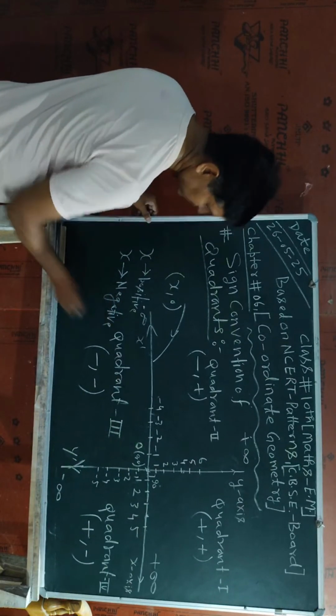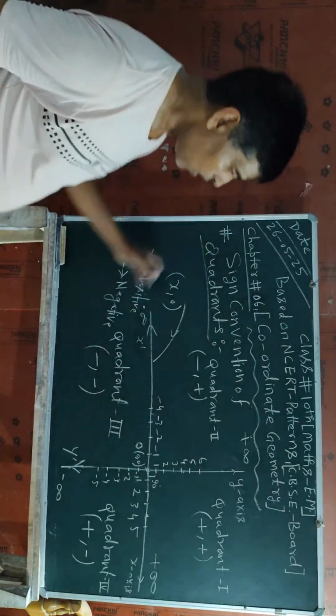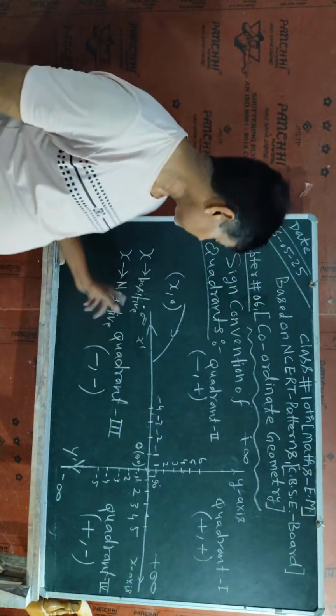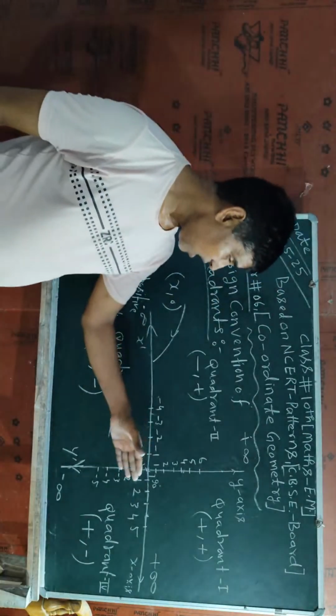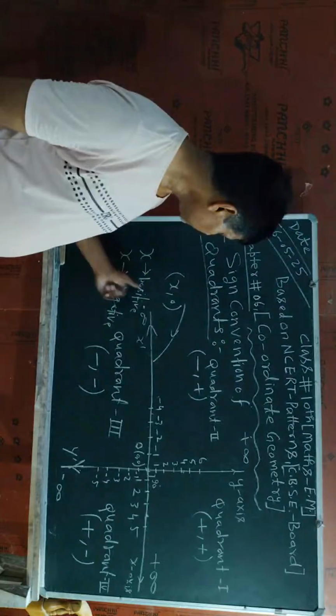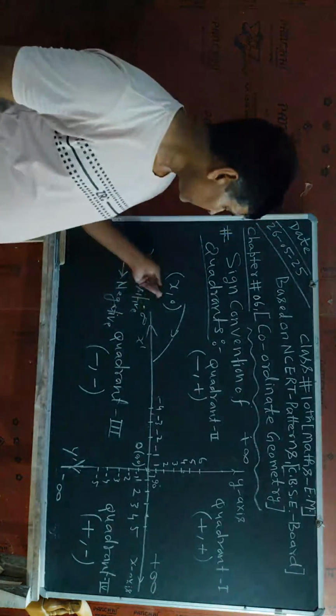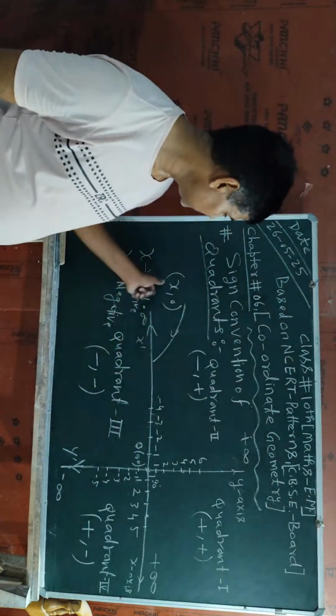On the origin, the value of x will be 0, but on the x-axis it will be either positive or negative. So the general coordinate on the x-axis will be x comma 0.